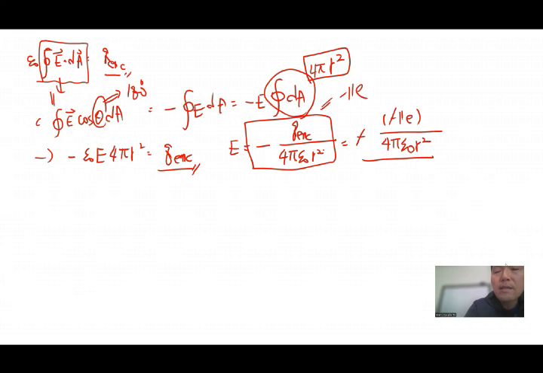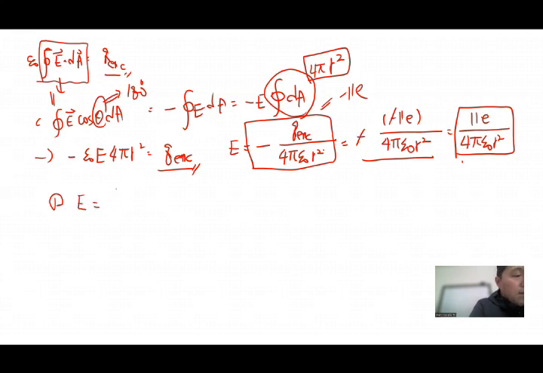The minus signs cancel each other, leaving 11e over 4 pi epsilon naught r squared. So for number 1, if you stay inside the shell, the electric field is 5e over 4 pi epsilon naught r squared at P1.